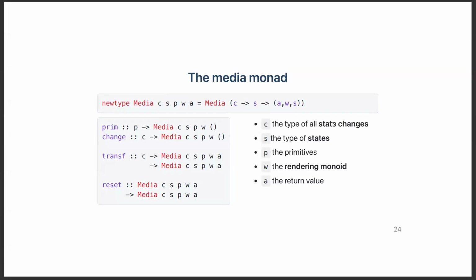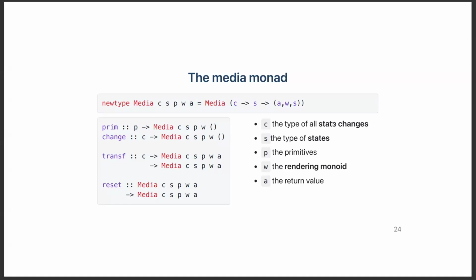So the idea is that a media is a function that takes a state change, the current state, and returns some return value we do not care about, the rendered media, and the new state after having executed the media program.